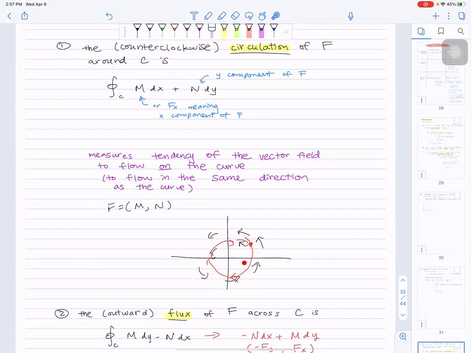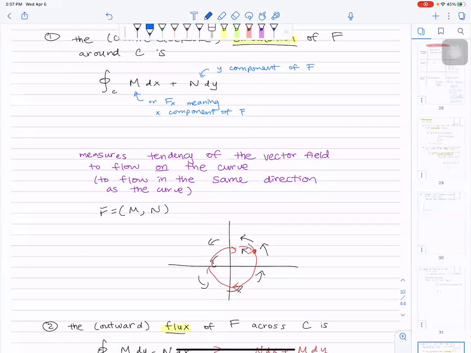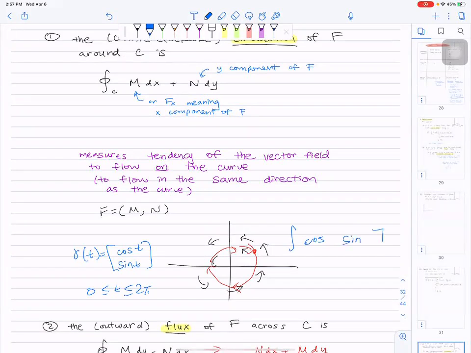So a 2 pi always shows up. Because the first step is to always parameterize our path, and we always do cosine t, sine t, where t is from 0 to 2 pi. So when you do the integrals, there are some cosine terms and some sine terms, and you're integrating from 0 to 2 pi. So a 2 pi shows up when you're evaluating.